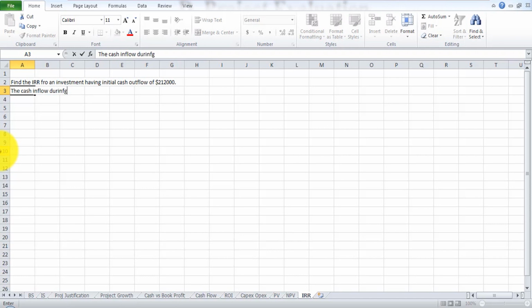Then we have the cash inflows during the first, second, third, fourth year, as mentioned below, right? For the first year, it's supposed to be approximately $65,000.